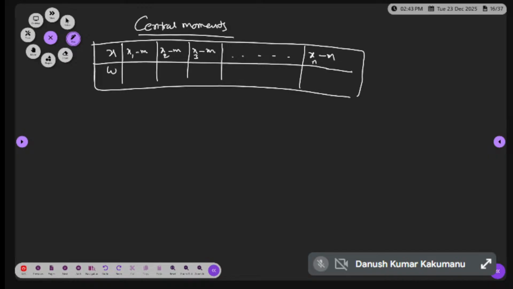In ordinary moments tables we have done x1, x2, x3, xn. What is the difference between that table and here? M is subtracted from all the sample points. M is nothing but the mean, which equals E of x. And the weights here are omega 1, omega 2, omega 3, and so on, omega n.